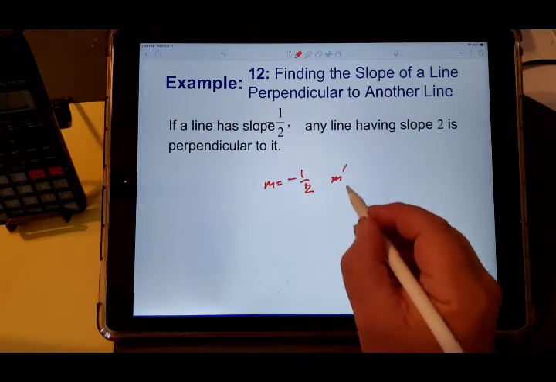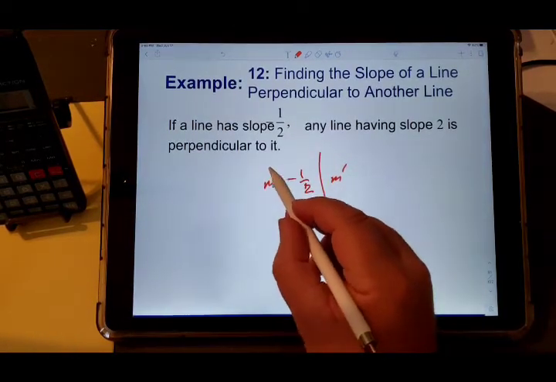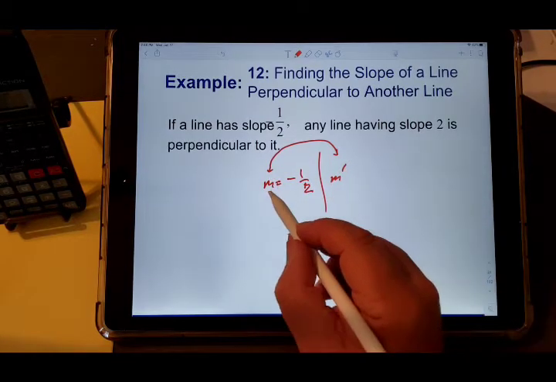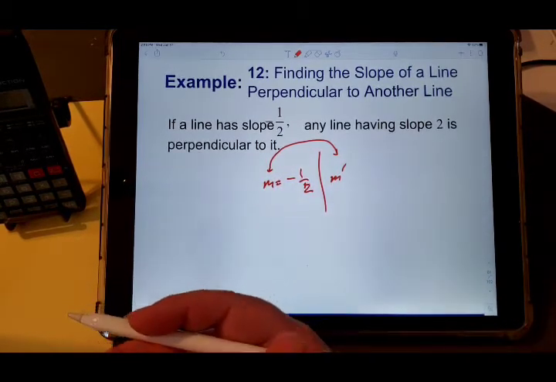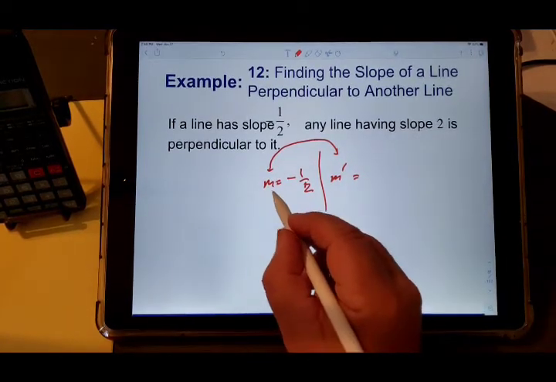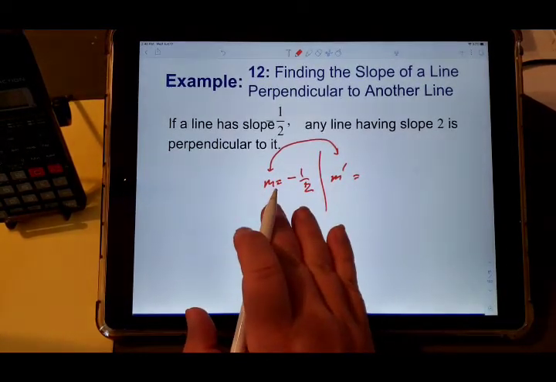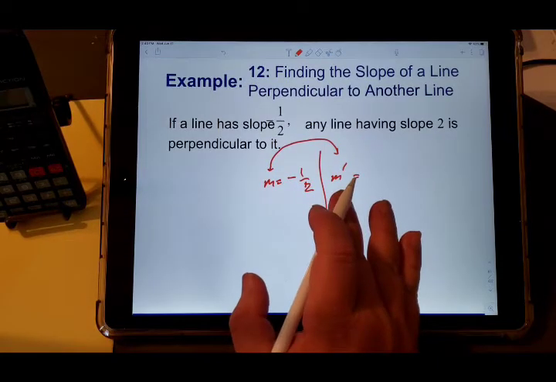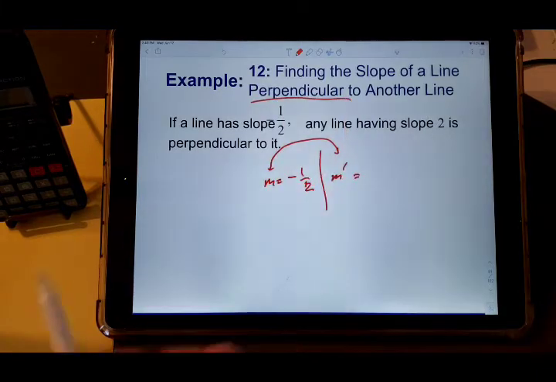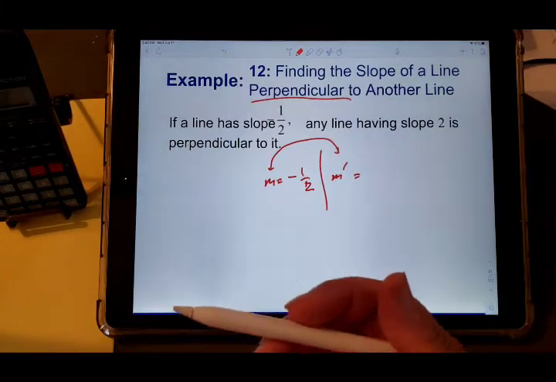what's the, and you'll see me do this when two variables are related in some way, I'll call one of them m and one of them m prime. It's not the same thing, it's different. But if m is your original slope, what's m prime if, in this one case, prime means perpendicular? In other words, what's the related slope?